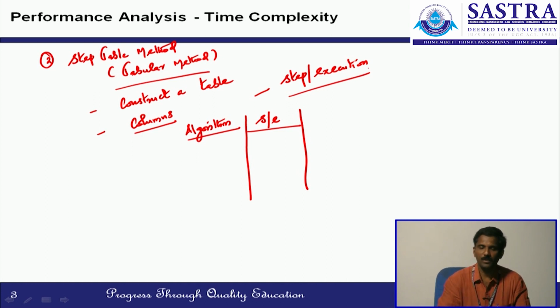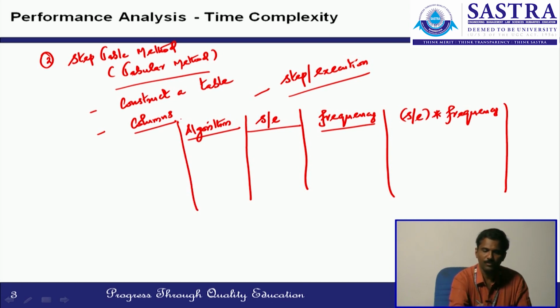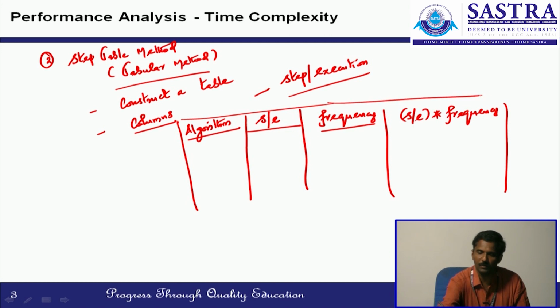Next column, the frequency, and the next column we need to find the product of these two, steps per execution into frequency. So, we need to construct a table like this.